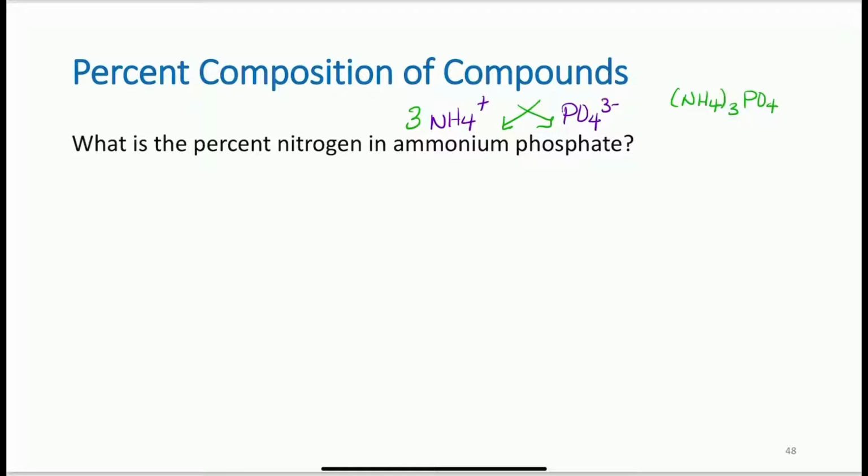Next thing I need to do is find the molar mass of the entire compound. So you need to recognize that you have 3 nitrogens, 12 hydrogens, 1 phosphorus, and 4 oxygens to make up this total compound. When you add it all up, the molar mass will equal out to 149.0 grams per mole. And again, that is for ammonium phosphate.